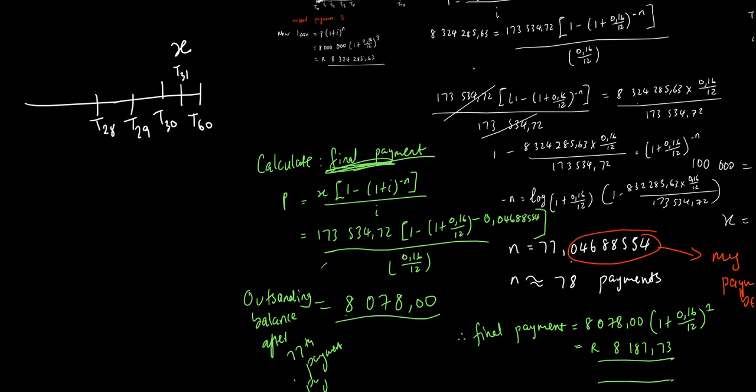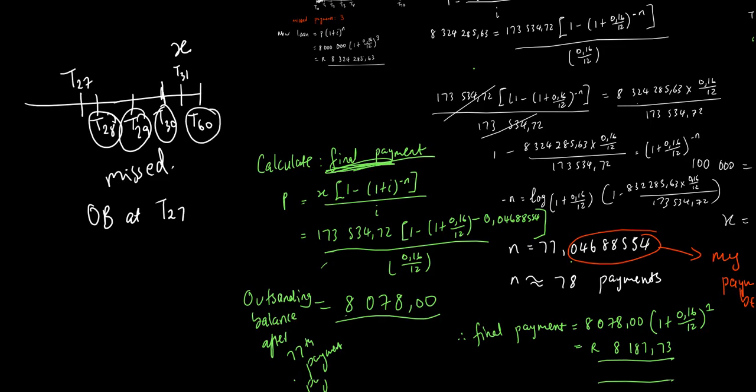What you're going to do is count this 1, 2, 3 as your missed payments, and since those are missed payments, you calculate the outstanding balance at T27, not T28. You calculate the outstanding balance at T27, meaning you say 60 minus 27, that will be your N, so that you get the outstanding balance.